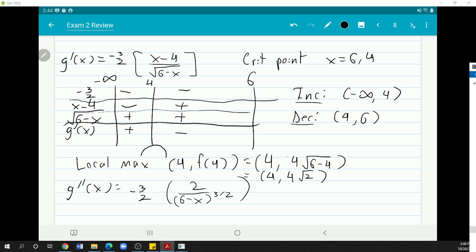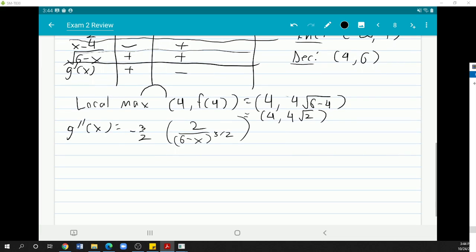Yeah, this one's nice and easy. Because, well, what happens? We have minus 3 over 6 minus x to the 3 halves. Only has a critical point at x equals 6.